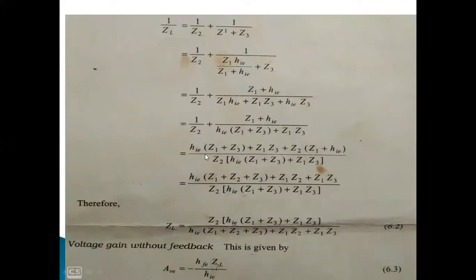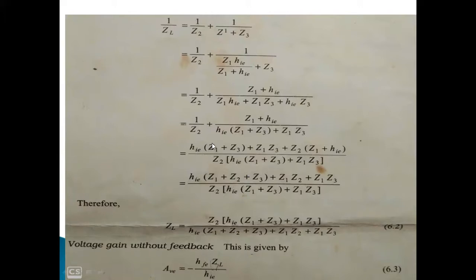Then we have HIE into Z1 plus Z3 plus Z1 Z3 plus Z1 plus HIE into Z2, by at the denominator Z2 into HIE into Z1 plus Z3 plus Z1 Z3. Just we are taking LCM, and next term we have HIE terms. So here we have one term, and here we have one more term. So that is HIE into Z1 plus we have Z2 here. So Z2 and we have Z3 here.